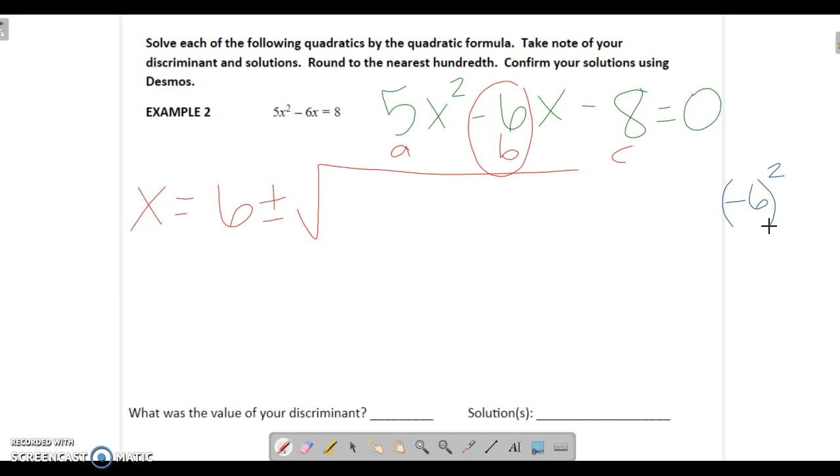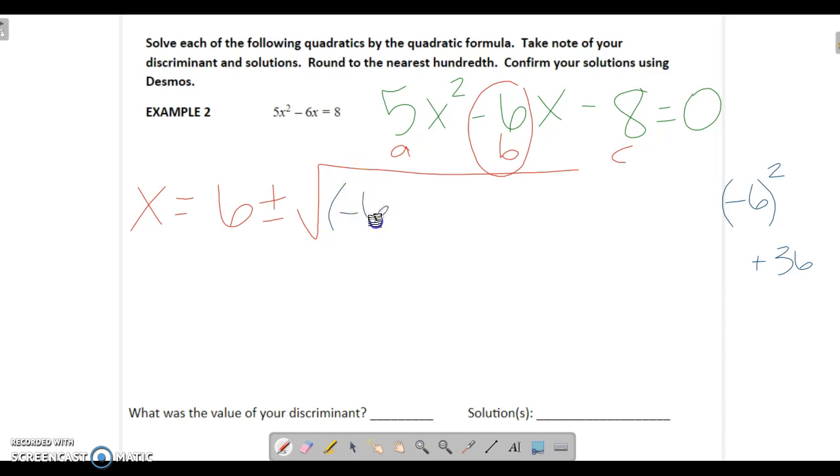And that's going to be what screws us up for the most part when we're working with the quadratic formula, is using our calculators and basically relying on whatever the calculator tells us. If you were to type it in without parentheses, the calculator is going to tell you that the answer there is negative 36. But we know negative 6 times negative 6 is actually positive 36. Just be careful with that. Keep in mind, anytime you square anything, whether it's positive or negative, it should be a positive number for your answer.